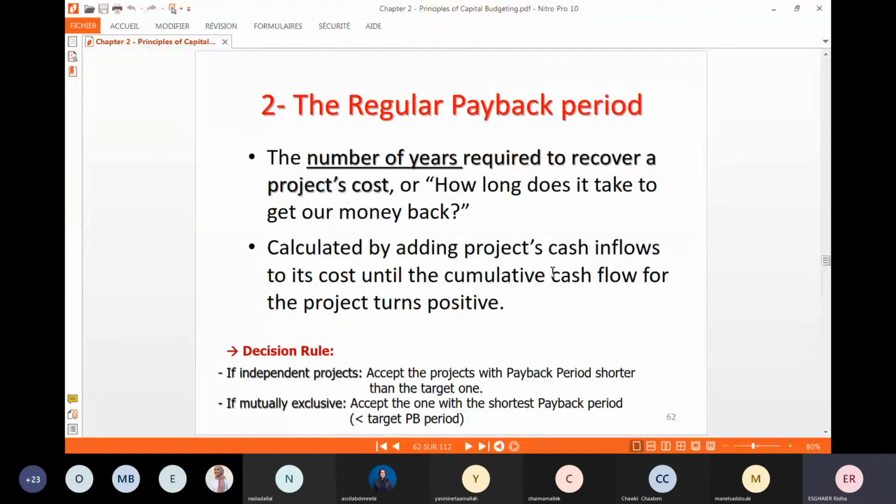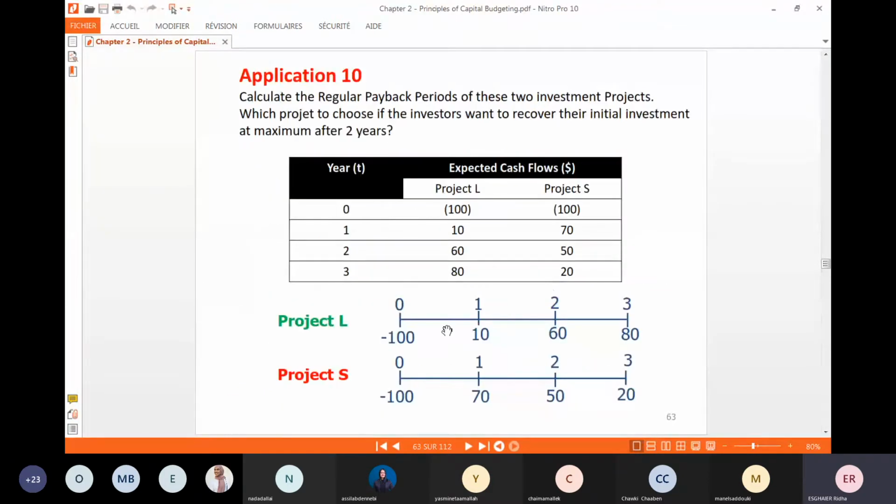How to compute it? Simply, if you take two projects L and F, draw your timeline. You invest 100 at the date 0, you receive 10, 60, 80 each year. To compute after how many years you recover the initial 100, simply compute the cumulative cash flow.